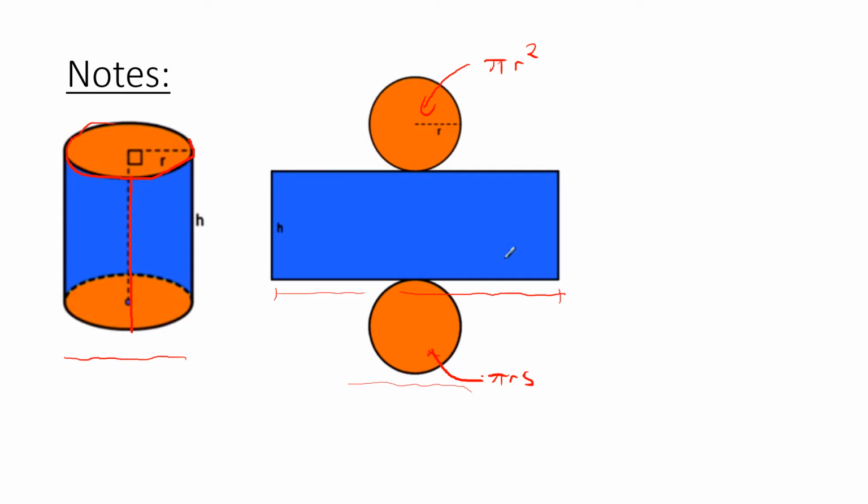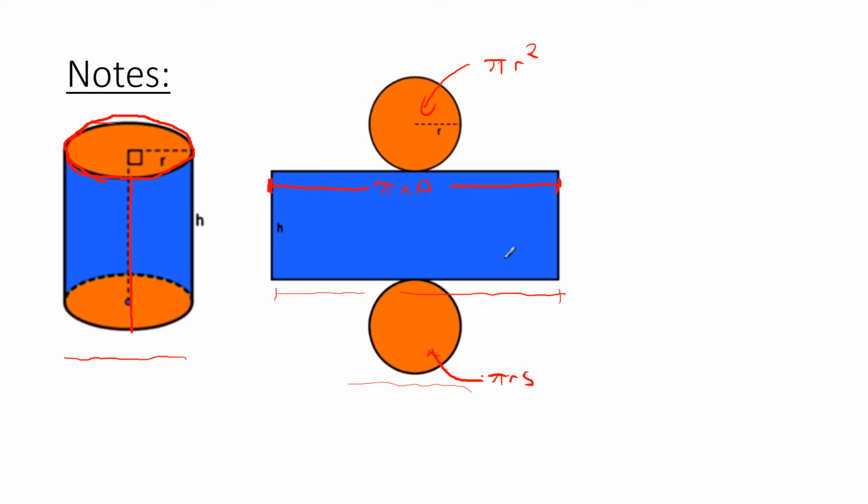So it's going to be the length of that. In other words, it's going to be the circumference of that circle. So the circumference of a circle is pi times by diameter. So that distance from there to there is my circumference of the circle, which is pi times diameter.